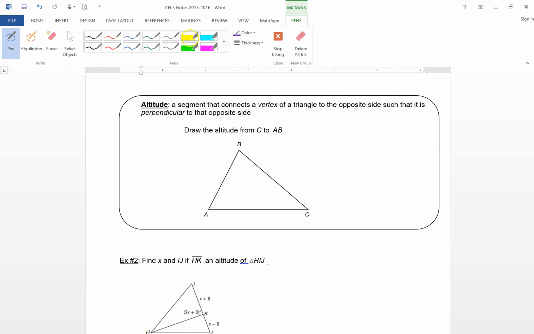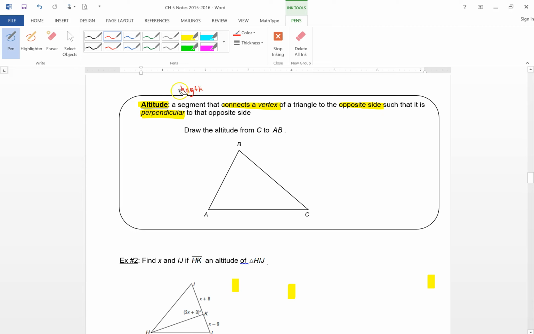So altitude is basically the height, okay? It's going to connect a vertex of a triangle to the opposite side such that it is perpendicular to that opposite side. So always remember that the altitude is the height.